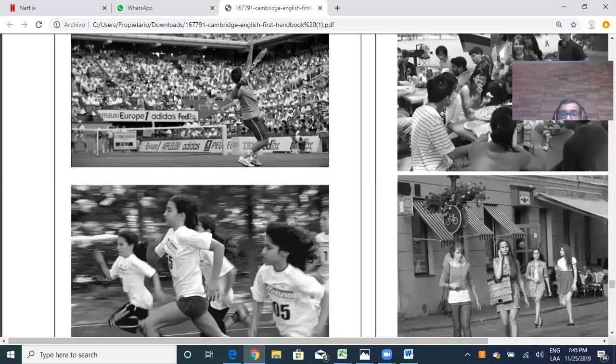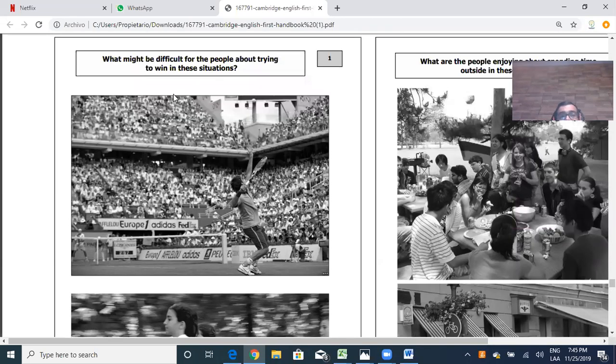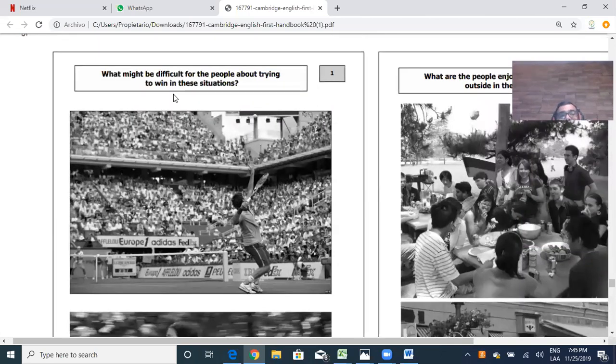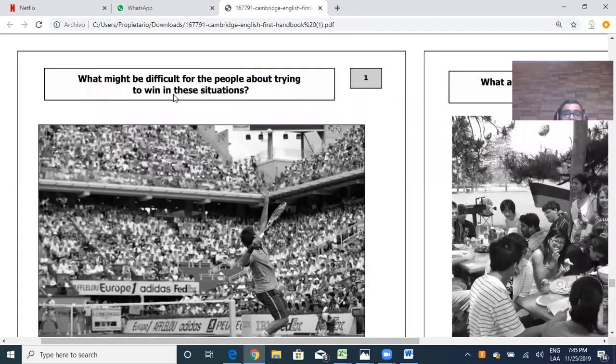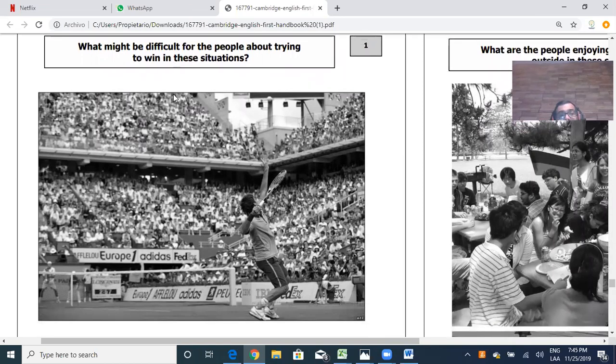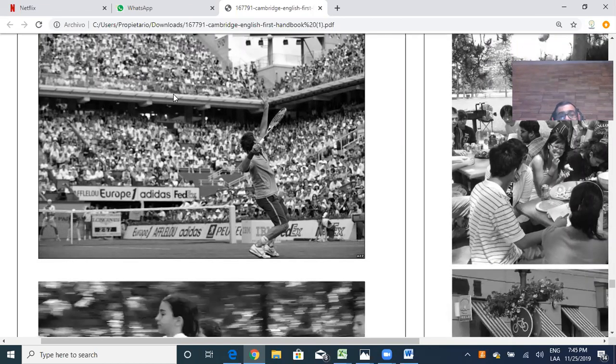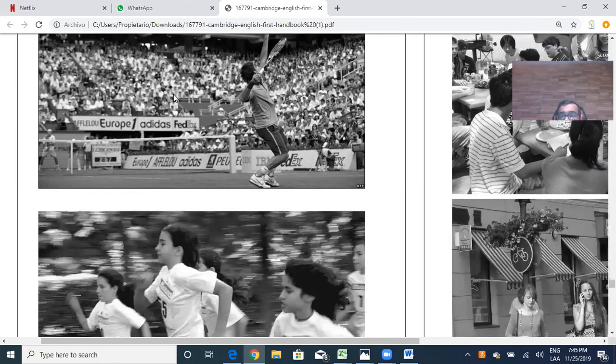I think the most difficult for the people about trying to win is number two, because the girls or the kids in the picture are trying to win, and they have to face more than one child. I think that they try to run around.